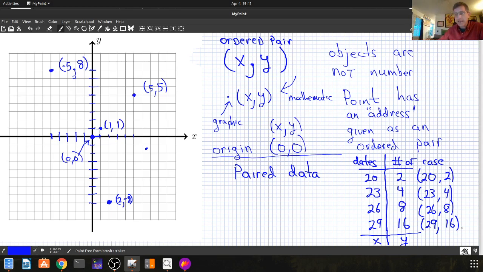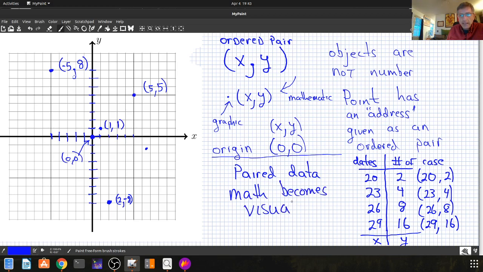The point being, it's really, really helpful to have paired data where there's 2 bits of data, and using this system we can literally plot the data and look at patterns. So the insight is math becomes visual.